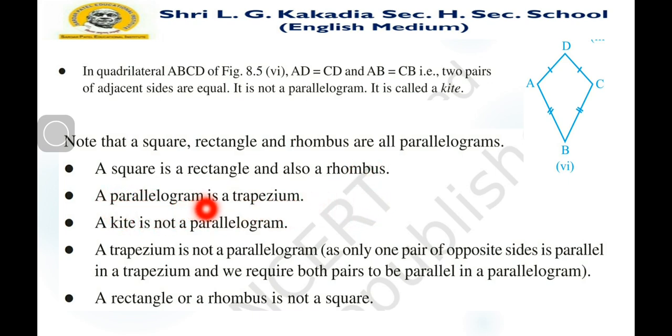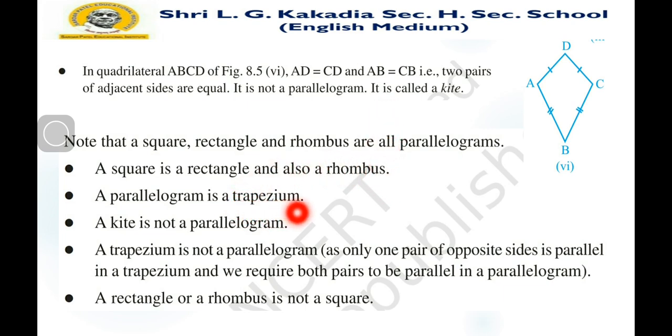A parallelogram is a trapezium because in a trapezium there should be only two sides parallel. So you can see that a parallelogram is also a trapezium, but a trapezium is not a parallelogram because in a trapezium there is only one pair of sides parallel to each other.